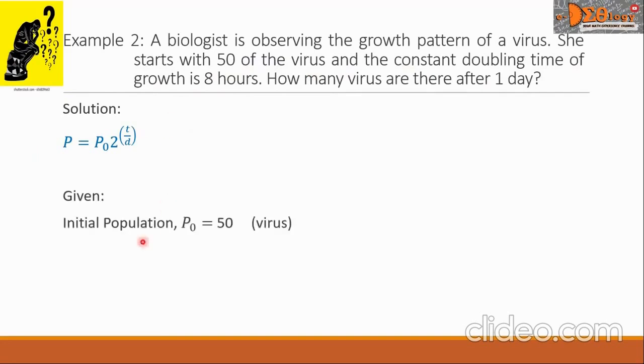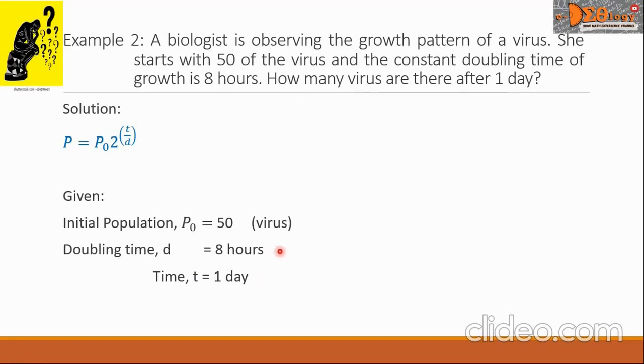First is the initial population. P sub 0 equals 50. There are 50 virus. Next is the doubling time denoted by D, and this is 8 hours. And for our T, it is written here 1 day. Again, let us check and make sure that the doubling time and the given time of the problem are on the same measure.